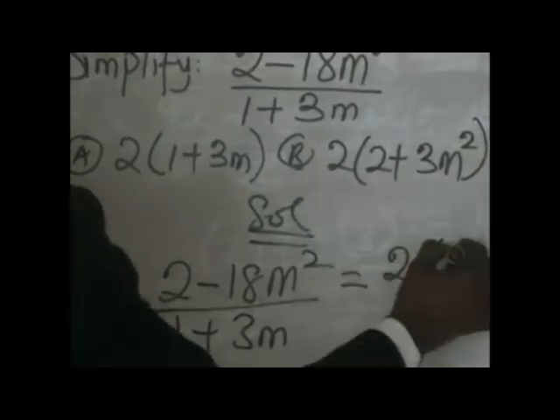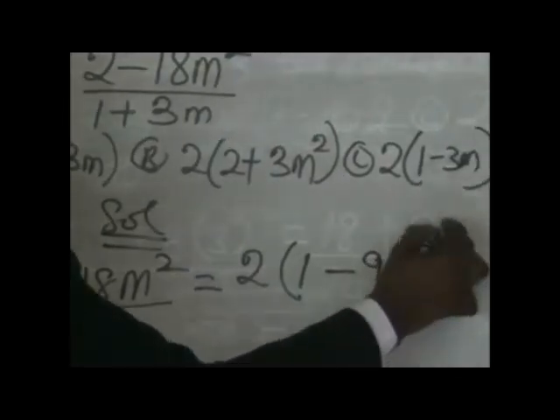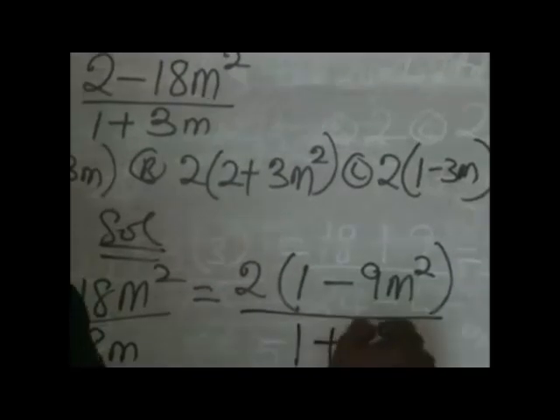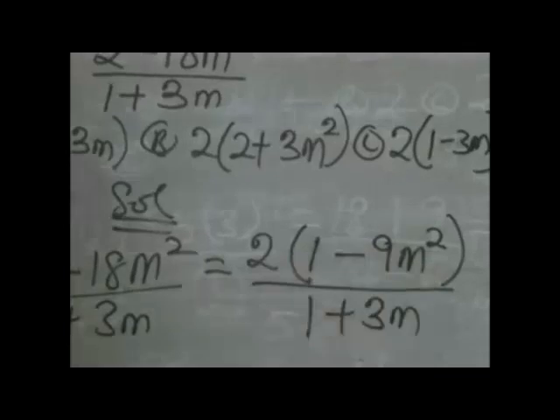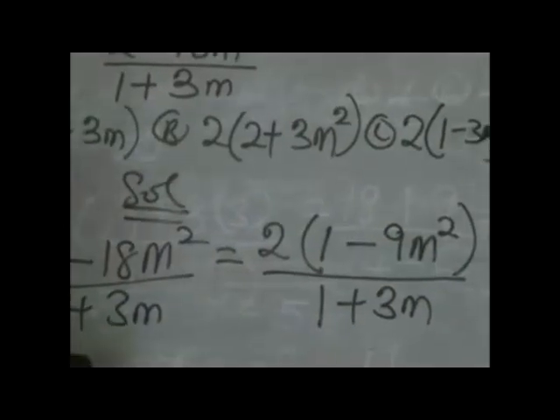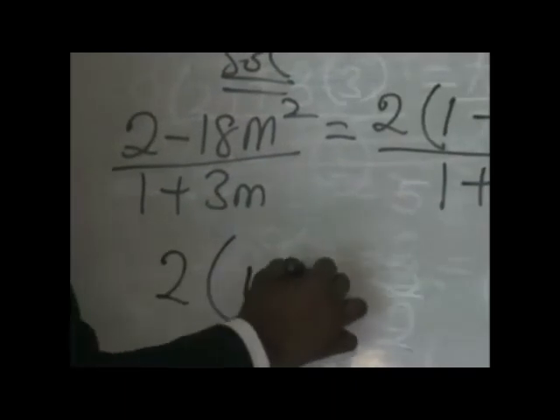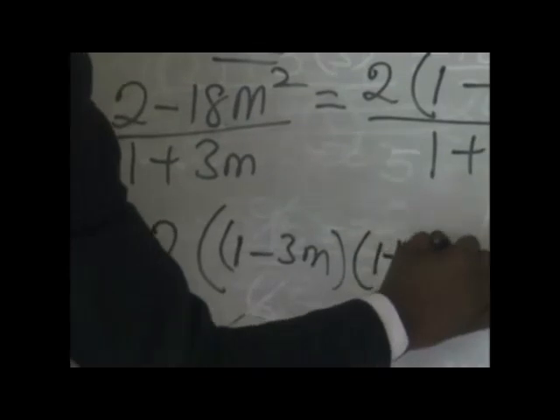What will be left here? We'll be left with 1 minus 9m squared, over 1 plus 3m. But this is a difference of two squares. You can introduce the difference of two squares there. It becomes 2, open bracket, 1 minus 3m and 1 plus 3m.